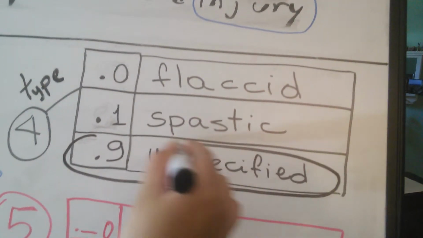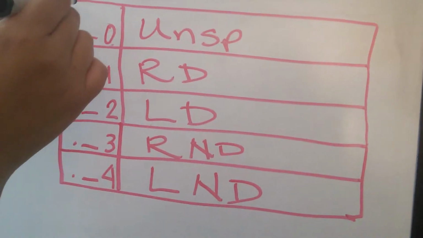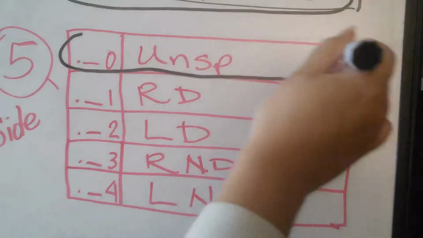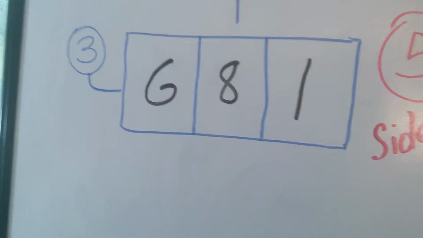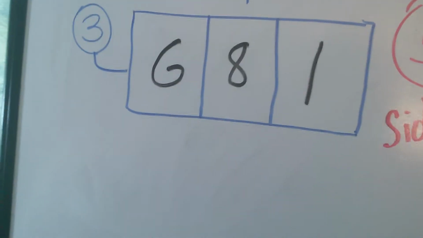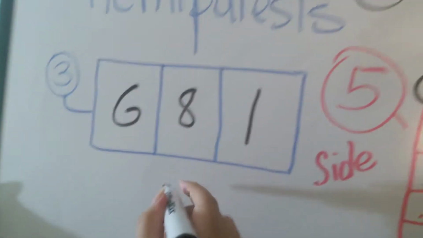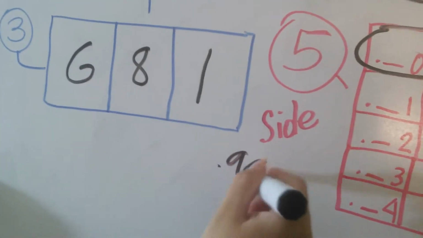We want that. And the 5th character would be unspecified, which would be 0, right? We'll put a circle there. That's what we want. Excellent. So the total code would be G81.90, right? Right. Why don't you put it here so we remember, like point here, 90. Okay, so the whole thing? Here. We're going to remember that this is the code.